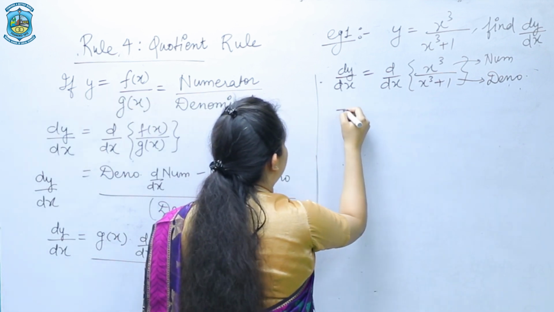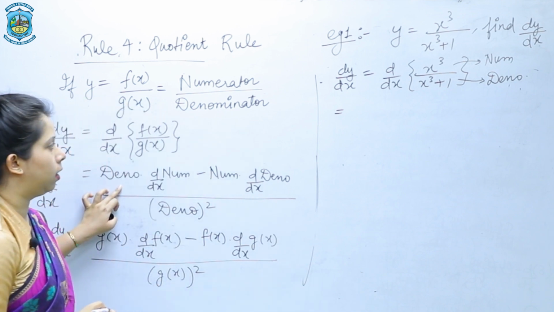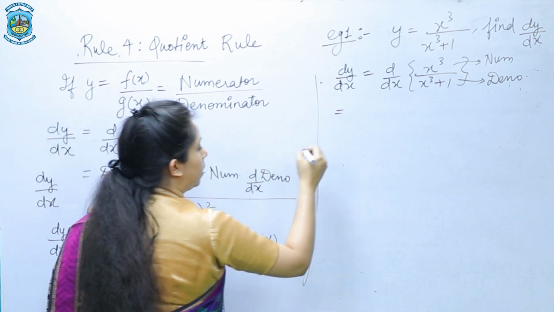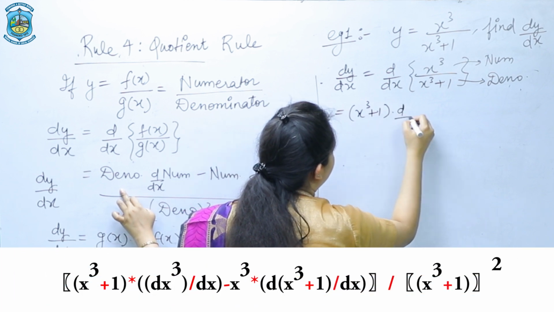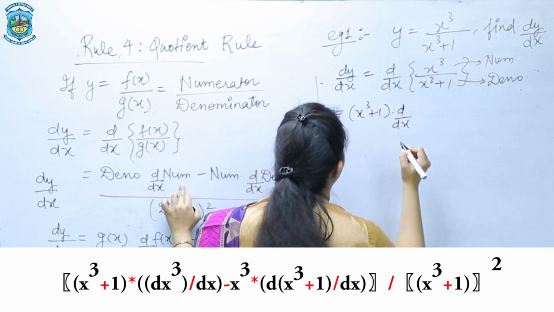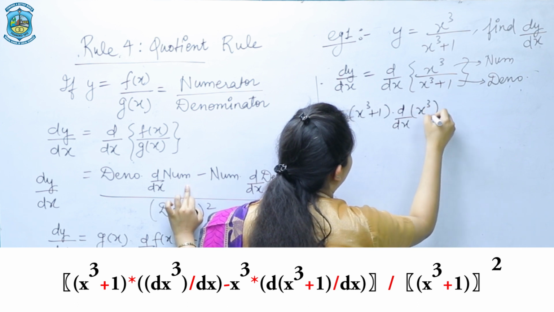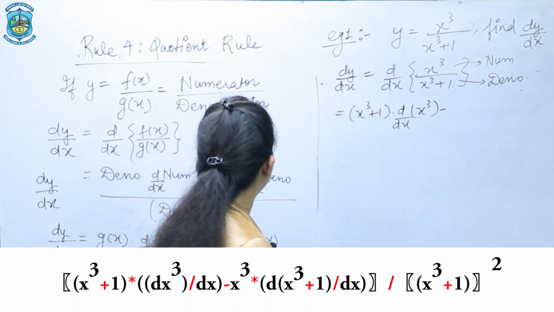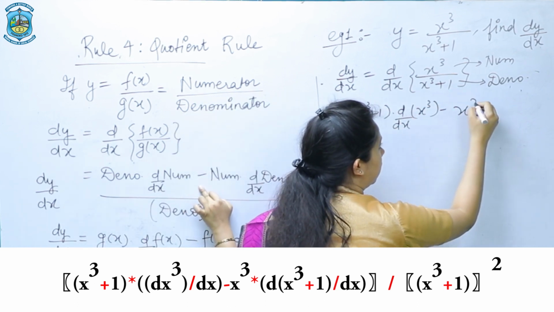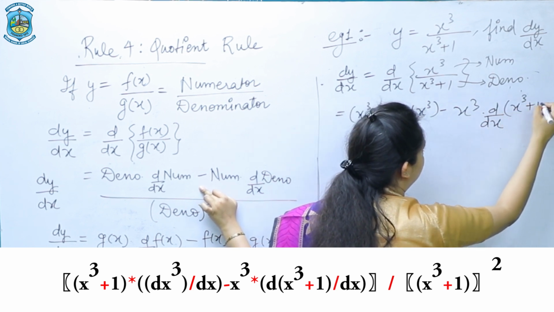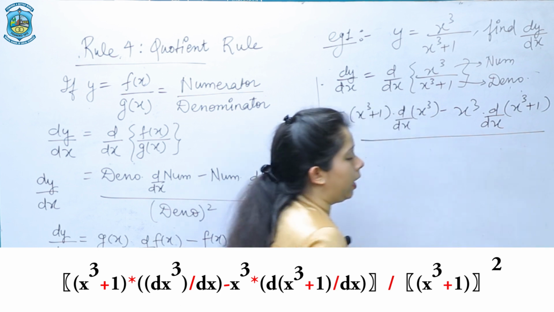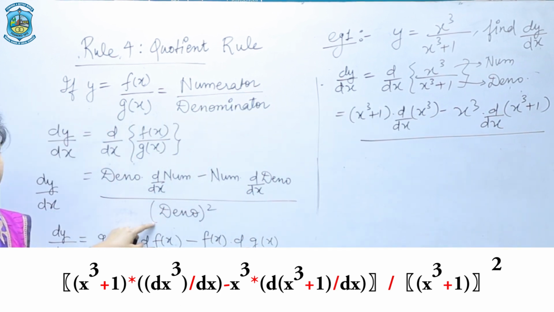So that will become, denominator is kept as it is, that means x cube plus 1 into the derivative of the numerator. Here the numerator is x cube, minus numerator as it is, into the derivative of the denominator, whole divided by the square of the denominator.